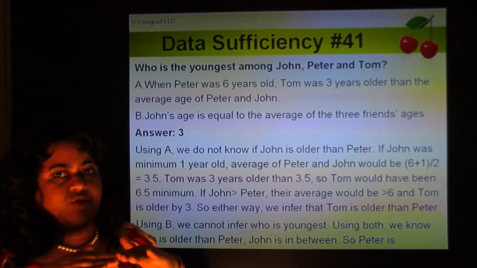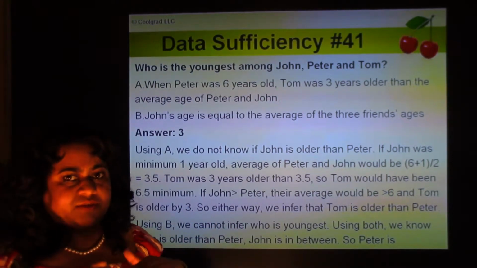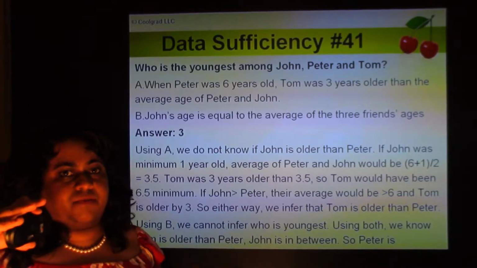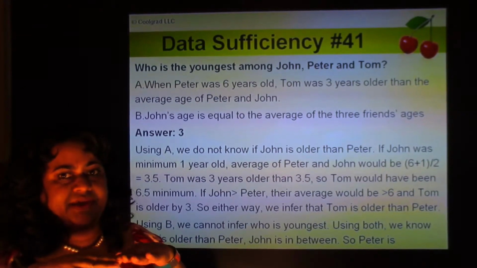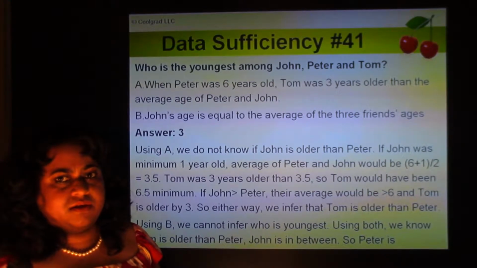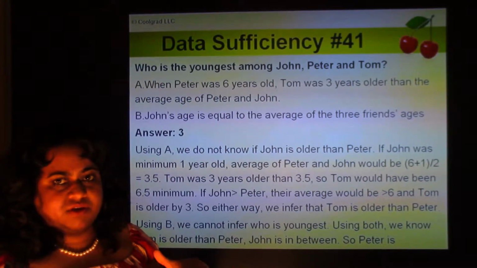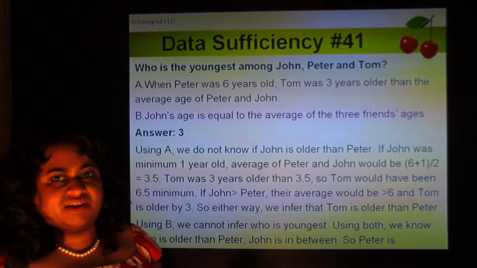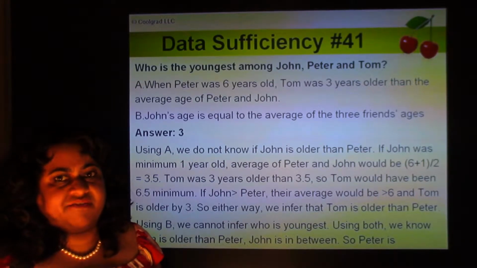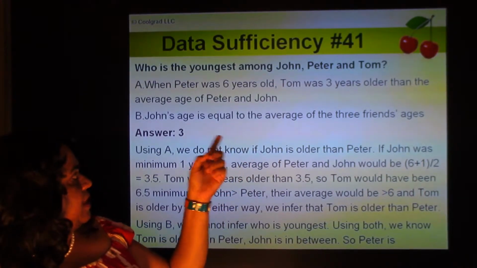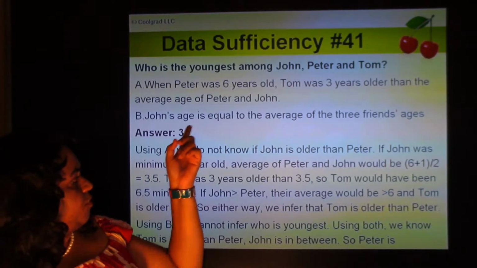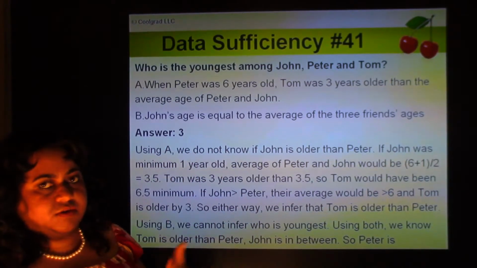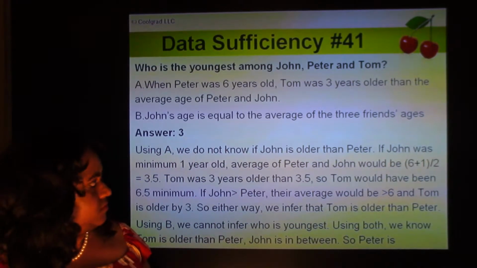The only way you can have John's age as the average of the 3 friends' ages is when Tom is older and Peter is younger. Only then John can be in between. He can be the average, right? They're not all 3 of the same age. One is older. So only when the other one is younger, John can be in the middle, right? Average. So using both together, we can say Peter is the youngest. So both the statements together, we can say, so we pick option 3.